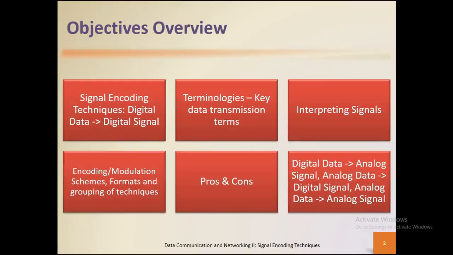If you use a particular means of representing information, how do you interpret it? We're also going to be looking at some of the encoding and modulation schemes, the various techniques that are used to format and group, and we'll look at some of the advantages and disadvantages.